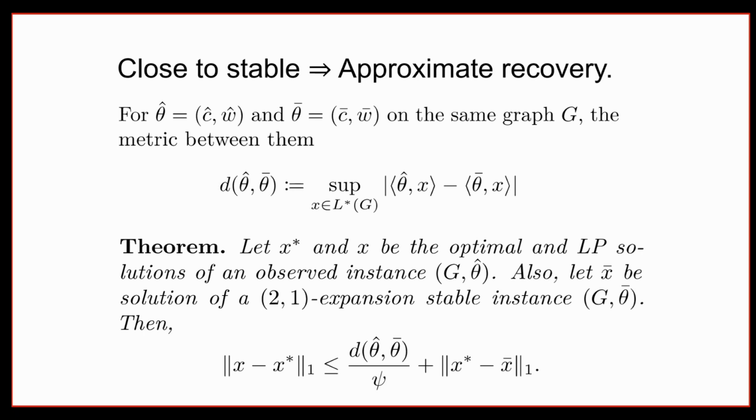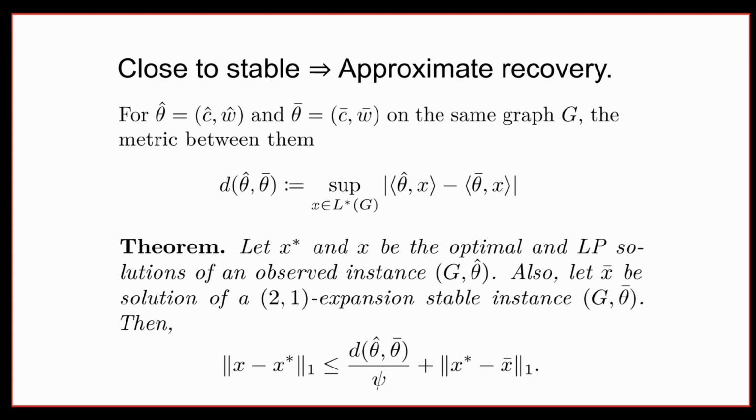Plus this Hamming error between X star and X bar. So here, since this theta bar is a stable instance, you can exactly solve it. So this X bar is basically also the same as X bar star in some sense.